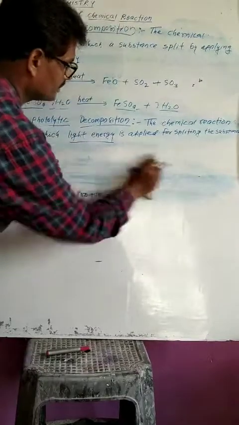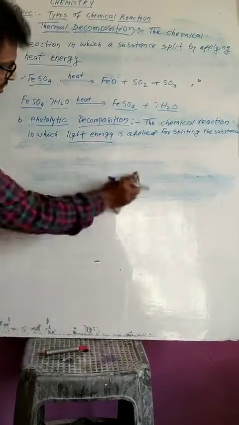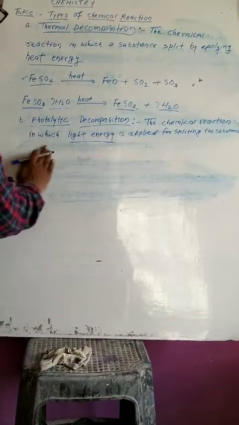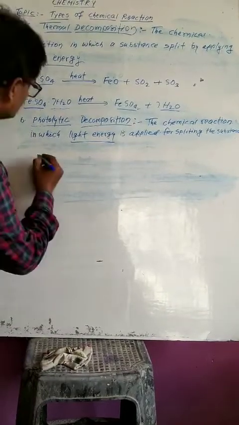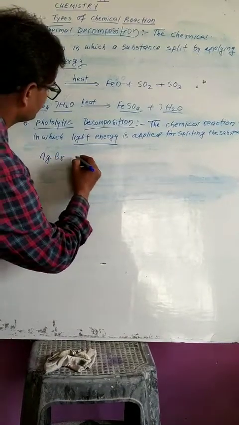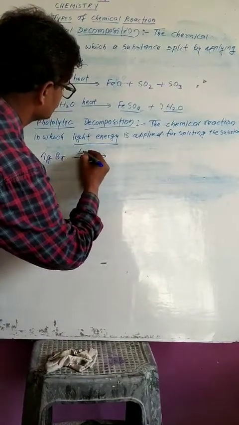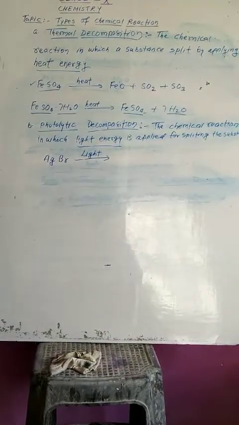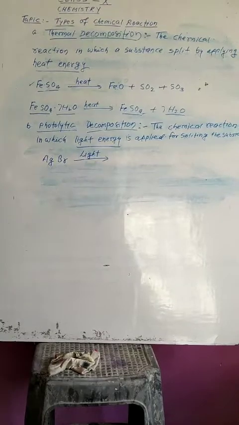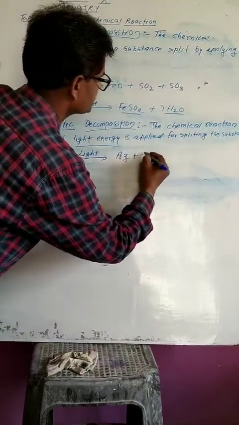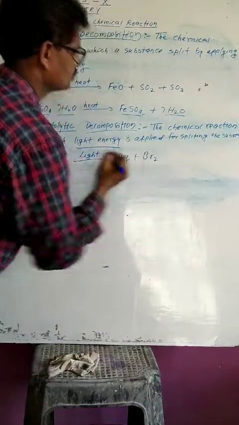For example, silver bromide, AgBr, whenever it is exposed to sunlight or any type of light, splits into Ag plus Br2.